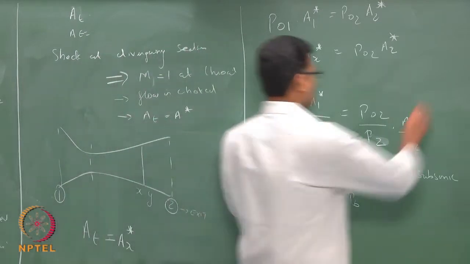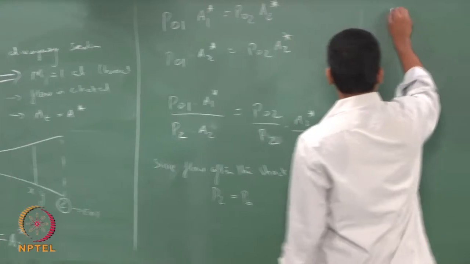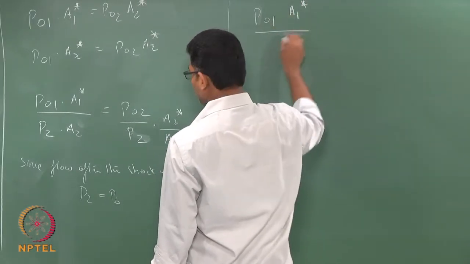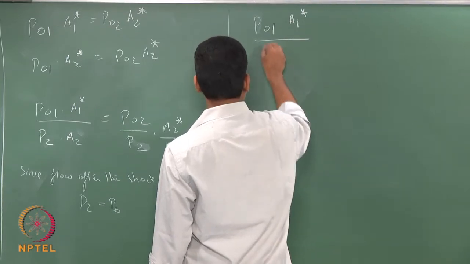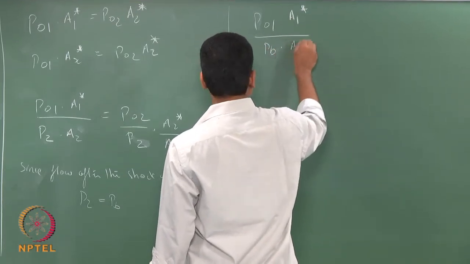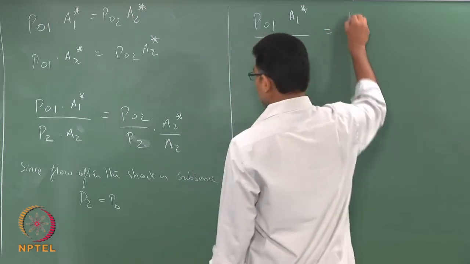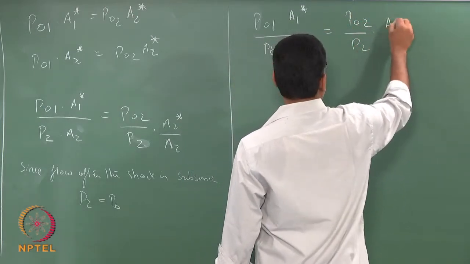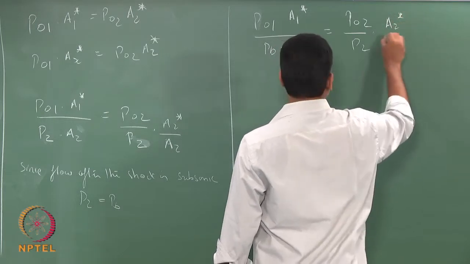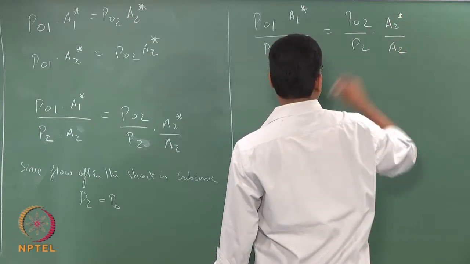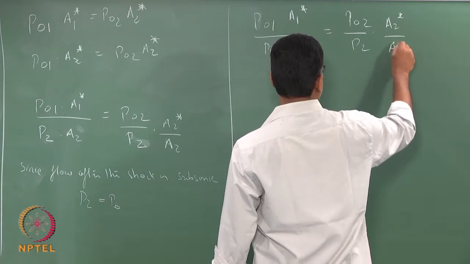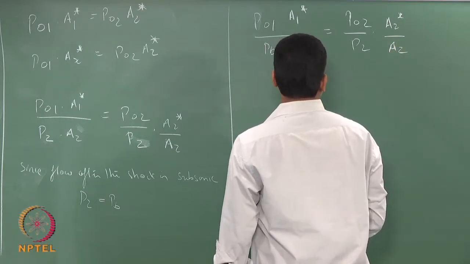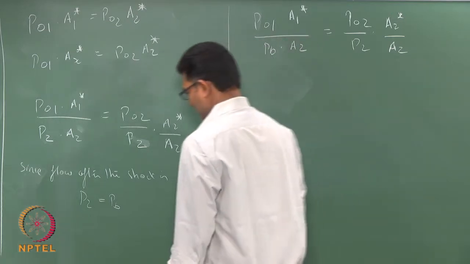So I can rewrite this equation as P01 into A1 star divided by PB into A2 equals P02 by P2 into A2 star by A2.